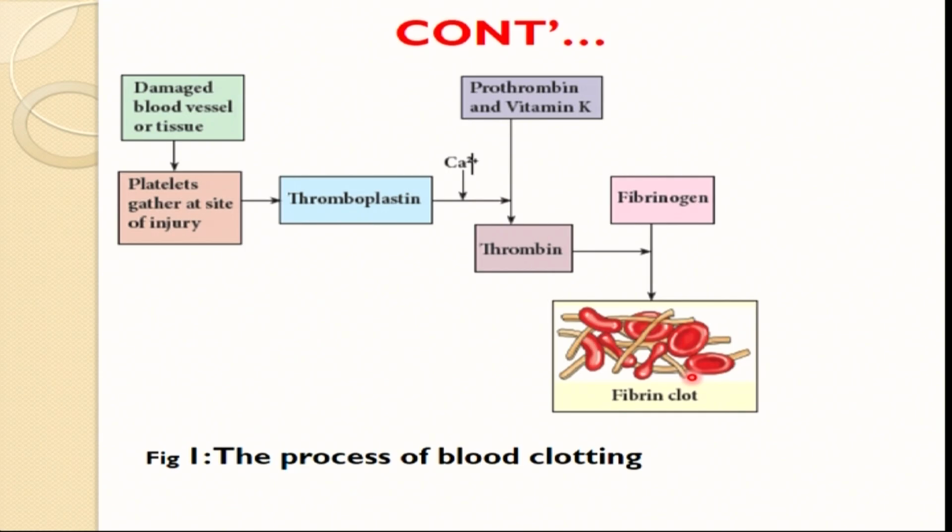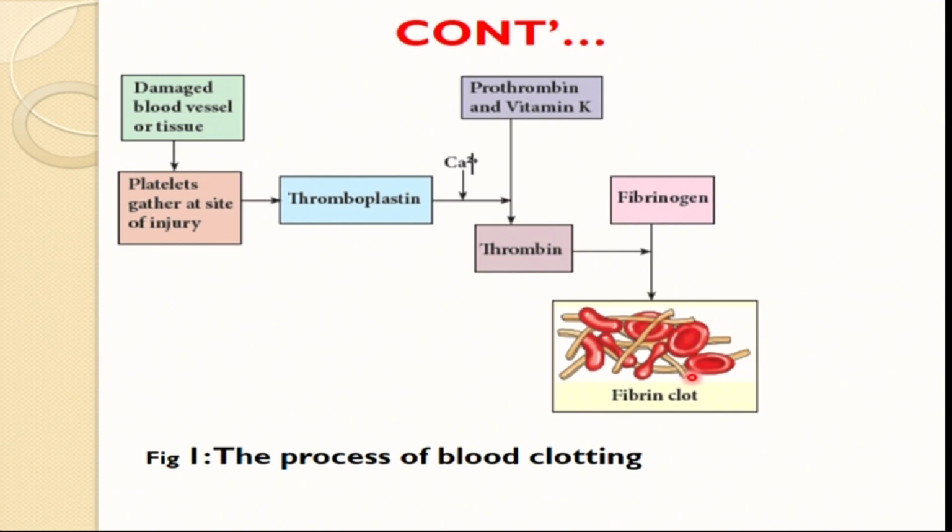I think we have seen the chart of the blood clotting process. Once a blood vessel or tissue is damaged, what happens? It triggers the platelets to gather at the site of the injury. And after they are gathered, what will happen? An enzyme called thrombokinase will stimulate the release of thromboplastin.